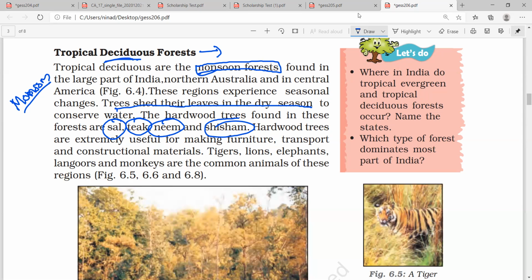Teak and sal are very important typical examples for this.